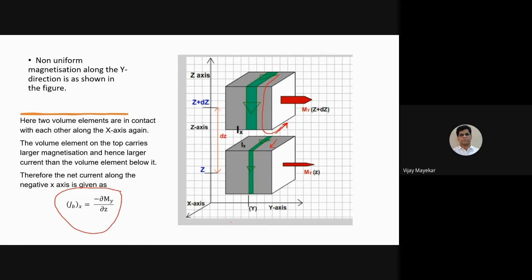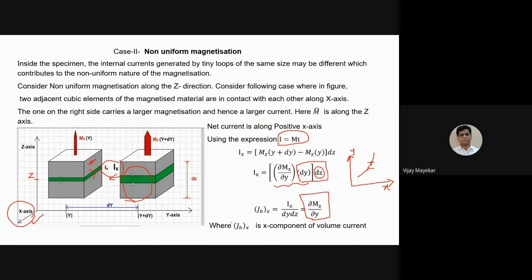Since it is moving along the negative x-axis, we are putting a minus sign over there. Please write this in the earlier manner. Please check the way it is written here.